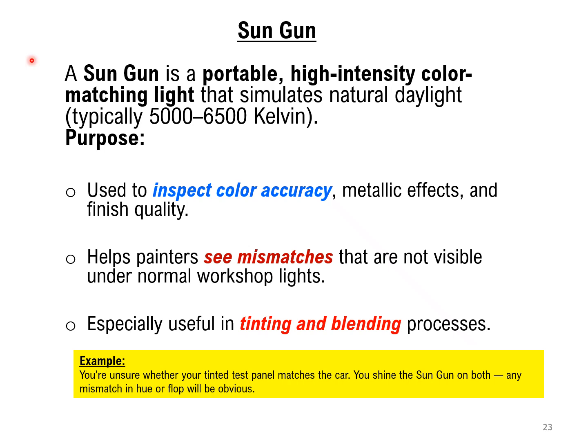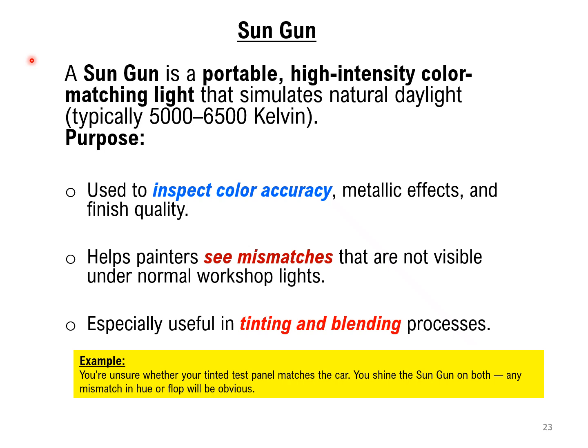The alternative to Kelvin corrected lighting is the sun gun. A sun gun is a portable, high intensity color matching light that simulates natural light, typically 5000 to 6500 Kelvin.